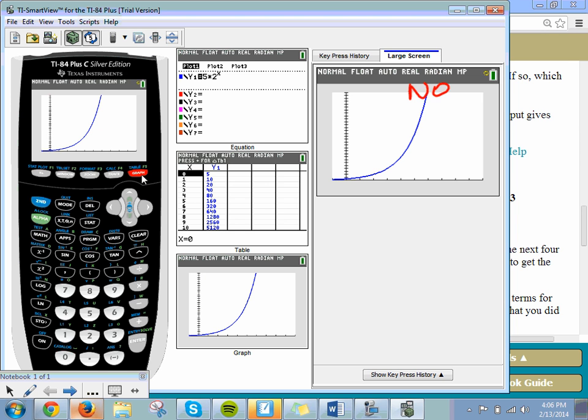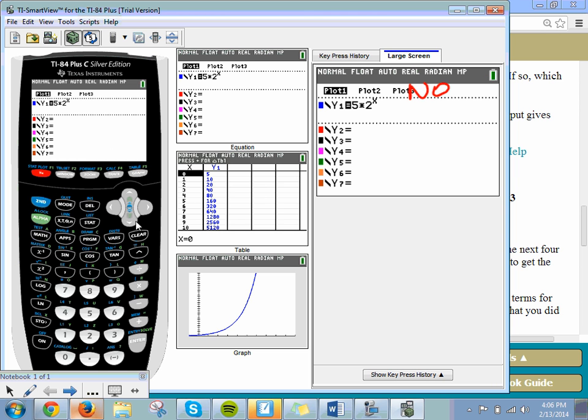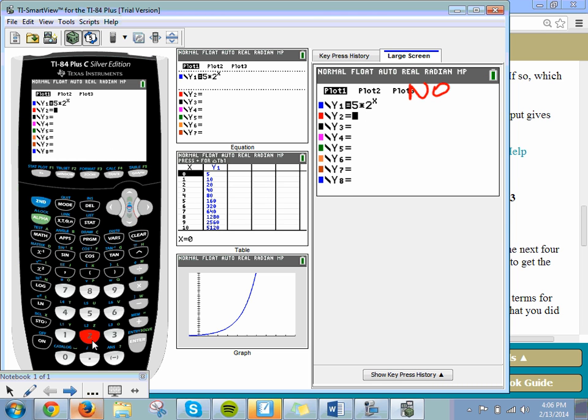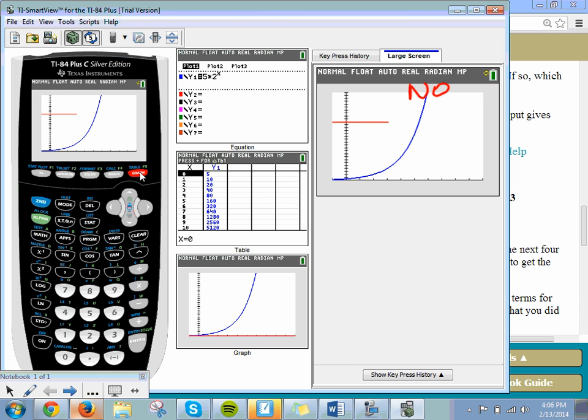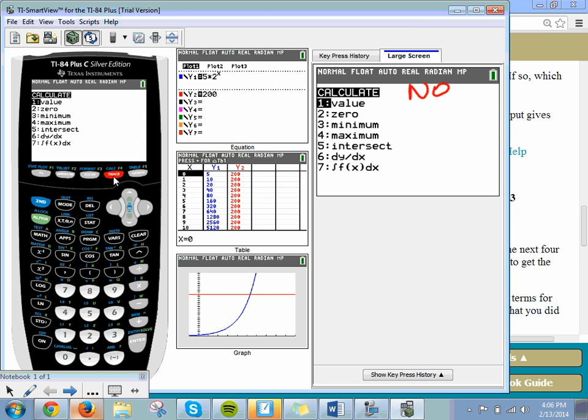There we go. And so what I'm going to do is in my y equals screen, I'm going to put in 200, and I'm going to see where the red line and the blue line intersect. At this intersection point, I'm going to hit second and then calc, second trace, and find the intersection.